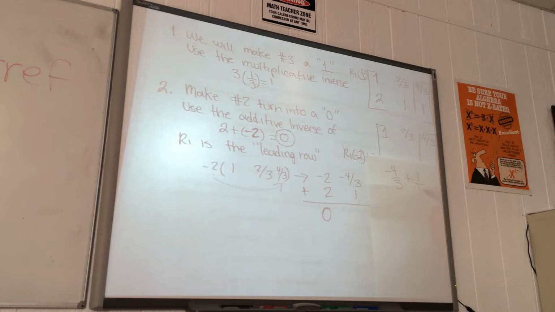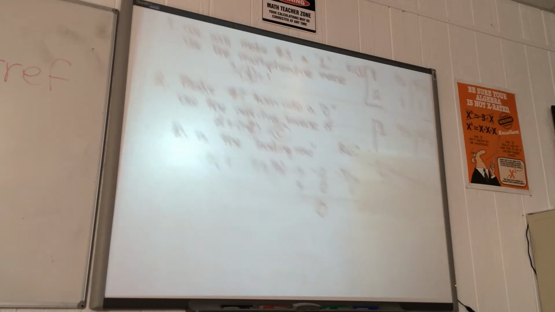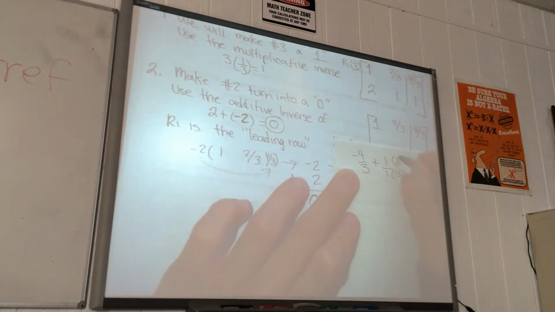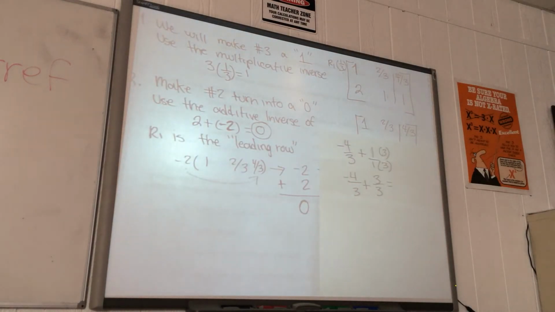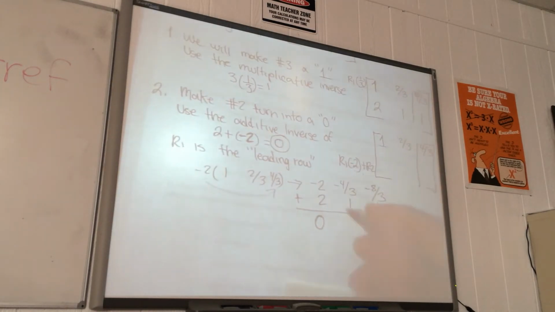So, Laisha, what do we need to multiply 1 by to make it a 3? 3. Whatever we do to the bottom, we must do to the top. So now we have negative 4/3 plus 3/3. Right? And what is negative 4 plus 3? Negative 1. So negative 1/3. So that's what goes here.